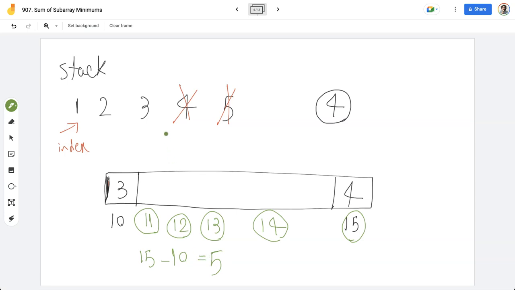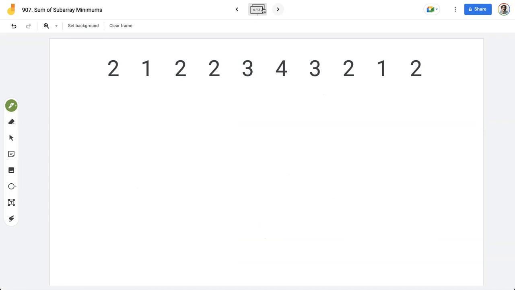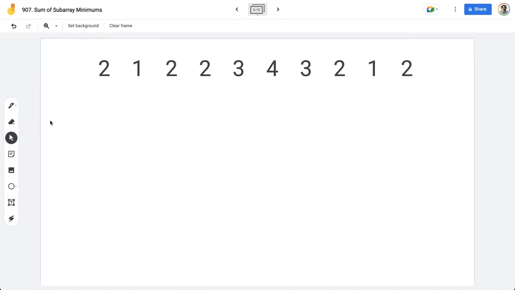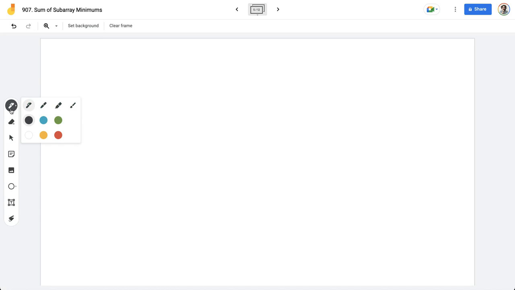And if this is empty, so for example, let's say we have a number like our stack, let's say looks like this, 4, 7, 9, and now we are looking at number 2.